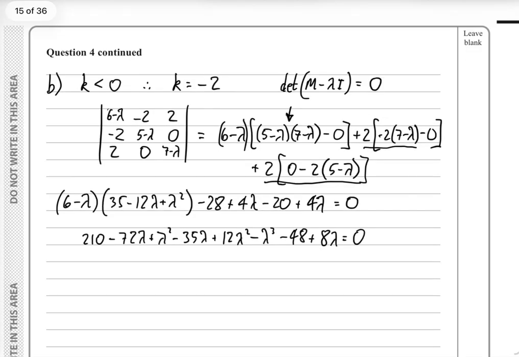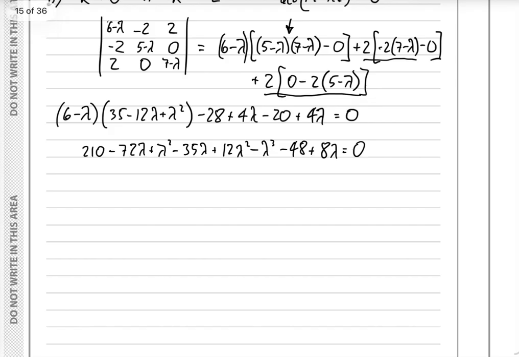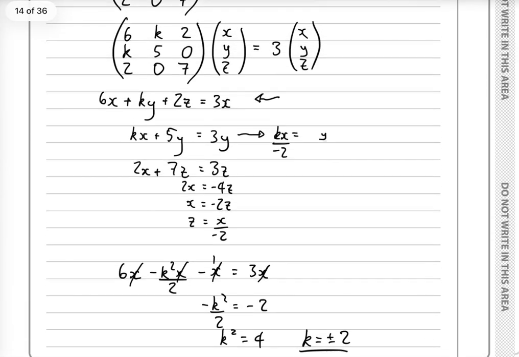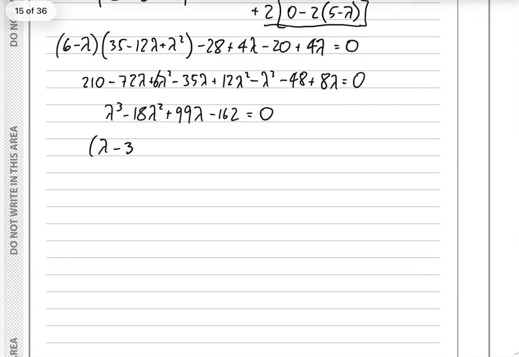Don't like having a negative lambda cubed, so I'll take it all on the other side and simplify. Lambda cubed. I can see I've missed a 6 in there just as I'm starting to simplify. So that gives me 18 lambda squared, but bringing it across is minus 18 lambda squared plus 99 lambda minus 162 equals 0, and we know one of them should be, what was it, a 3?